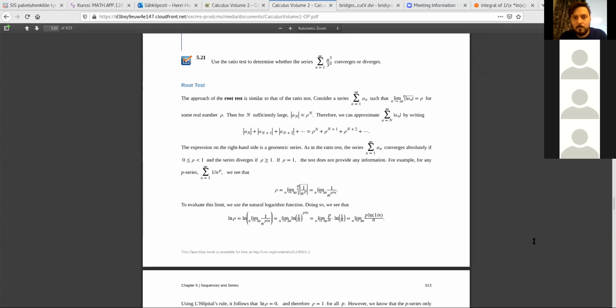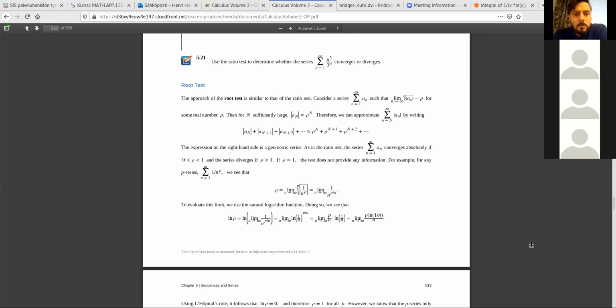If we take the nth root, it is roughly equal to p, right? And now if this root test gives us this limit rho, and it just happens that rho is smaller than 1, then this will converge absolutely.